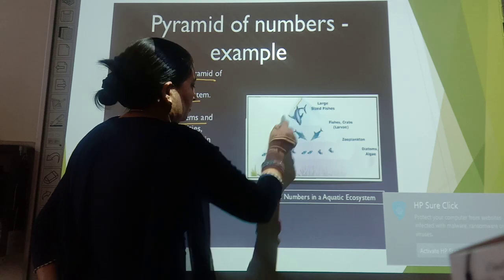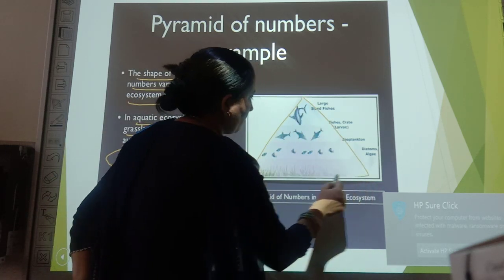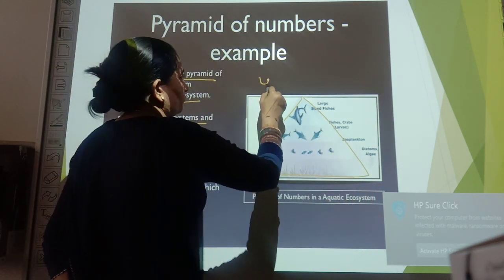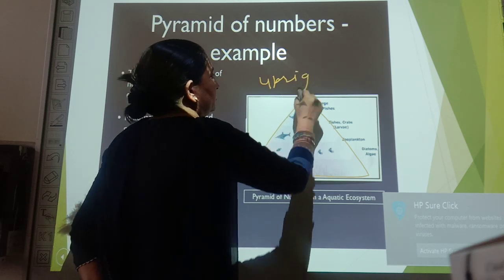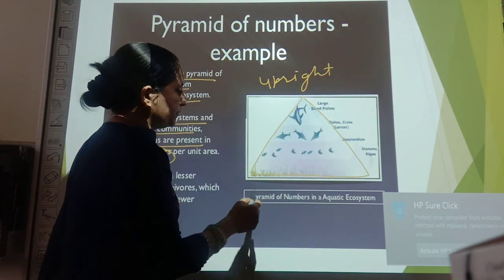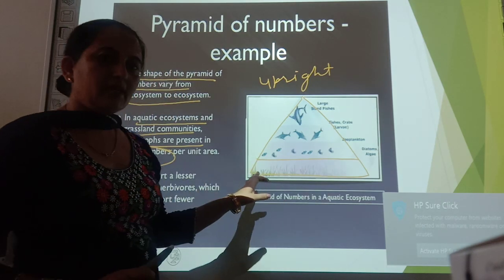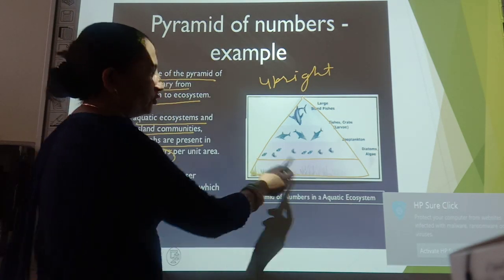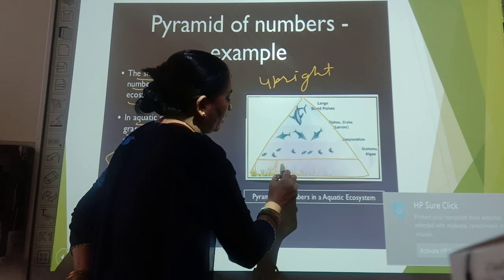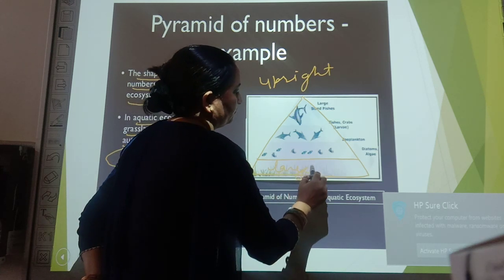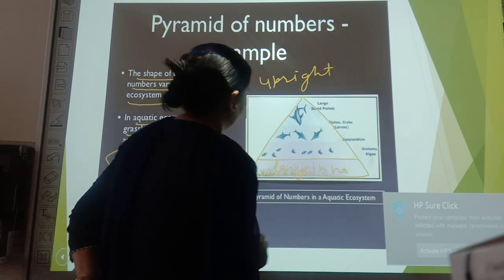This is also an upright pyramid, and in this pyramid the base is occupied by the producers, which are large in number.